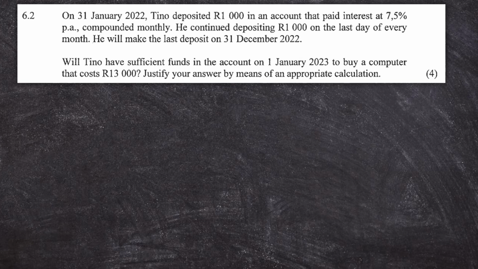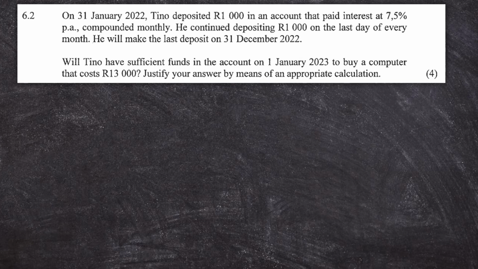So this is a regular payment. And on the last day, he was making payments of 1,000 on 31st Jan, 1,000 on 28 Feb, like that, 31 April like that, 1,000. Okay, he will make his last deposit on the 31st December 2022.